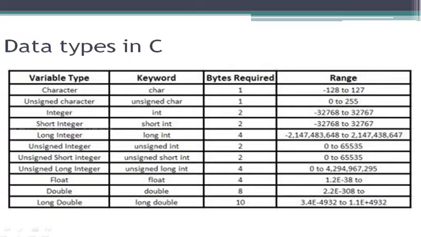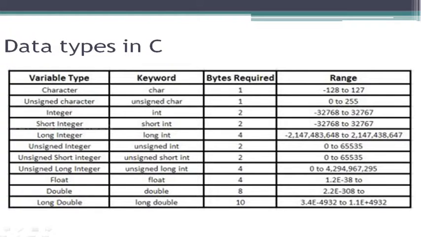And also we have floating point values, that is, floating point will have decimal points in the numerical values, and double and long double. Whereas in the second part, the character data types, signed character and unsigned character.